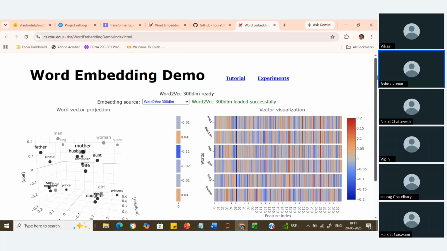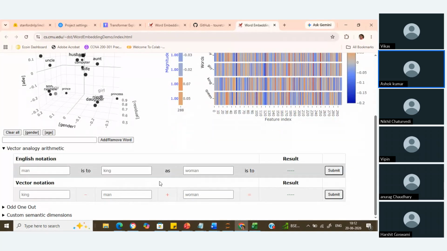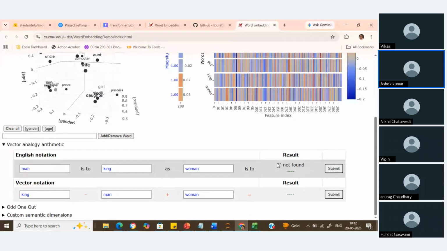Okay, so this is the same stuff, and what I want to show is: man is to king, woman is to what? If I submit this, it will provide me the information.